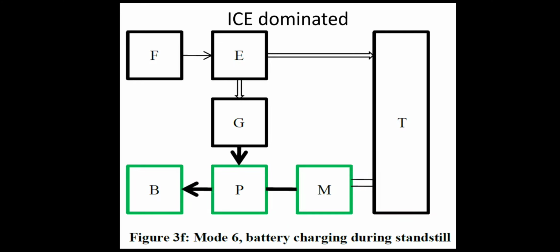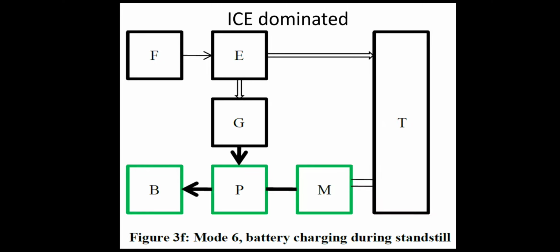The sixth is battery charging during standstill. When the vehicle is at standstill, the IC engine can deliver the power to charge the battery via the electric motor. So these 6 modes are available in series-parallel hybrid systems.